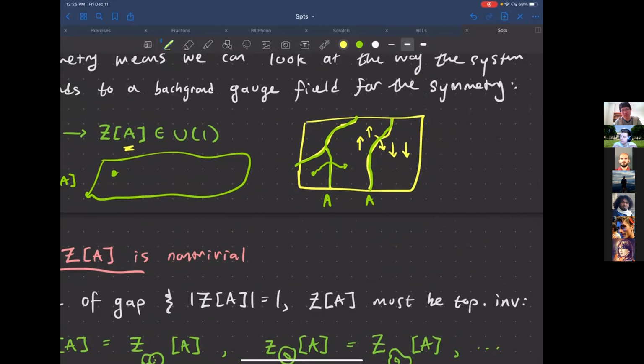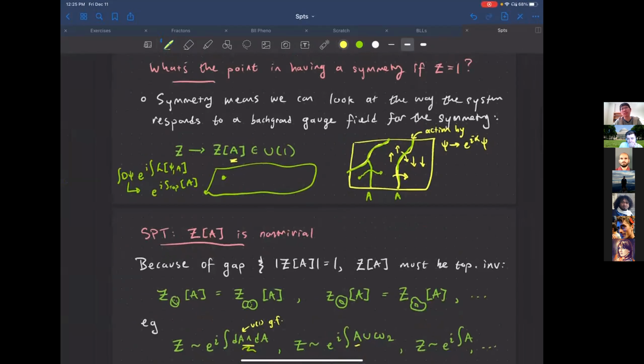So you can think of the same thing here in the U1 case, except this becomes like an action where my matter field phi goes to e^{iθ} phi, something like this, when I cross this thing. I see. Thank you.